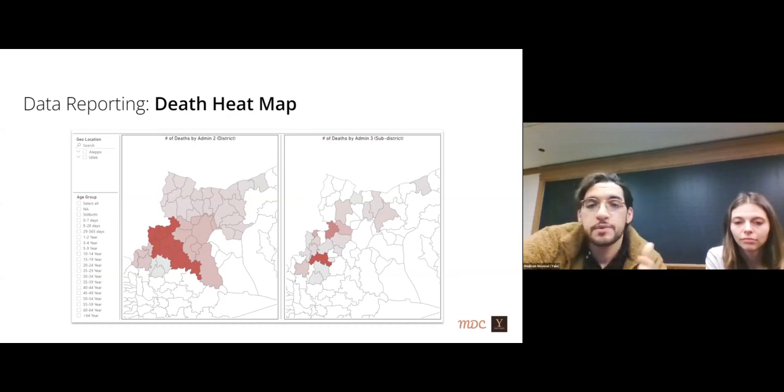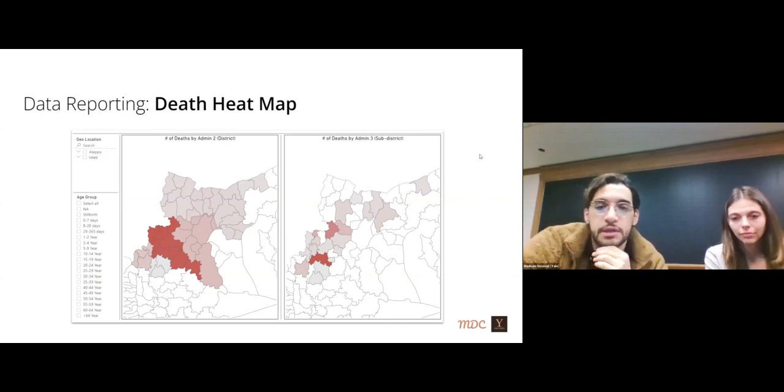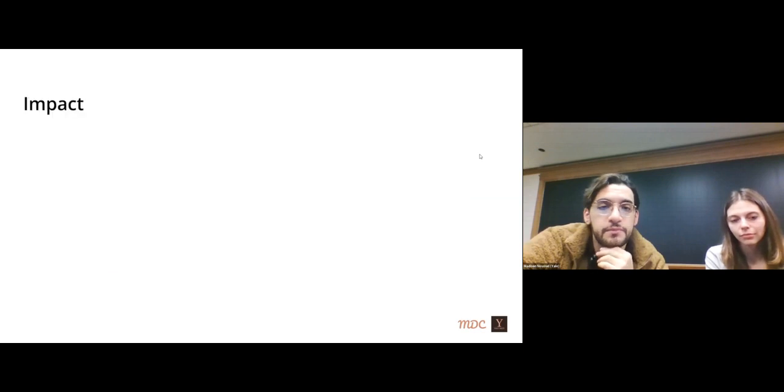For example, if we find that the highest causes of death are due to strokes, and I see that strokes are very concentrated in this region in red, then as a decision maker, I might want to start thinking about starting clinics or hospitals that have stroke care in that region instead of putting them somewhere else that is not advantageous.